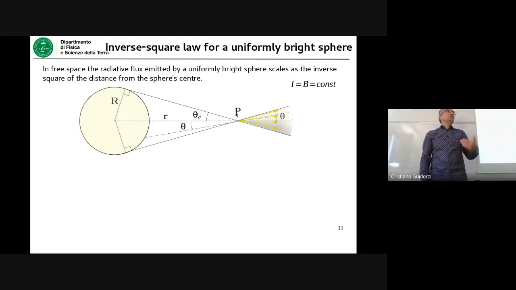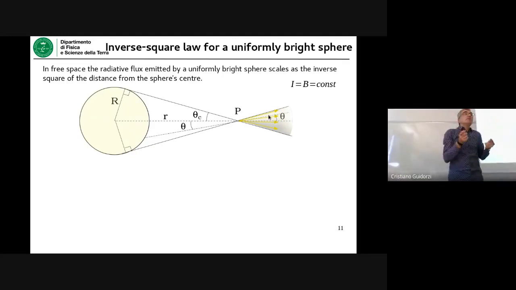My goal is to calculate the flux over the surface at this distance. If you remember, for the flux you have to integrate the intensity at that point times cos theta over the entire sky. Let's consider all the possible directions within this cone, which I denoted with these yellow arrows.